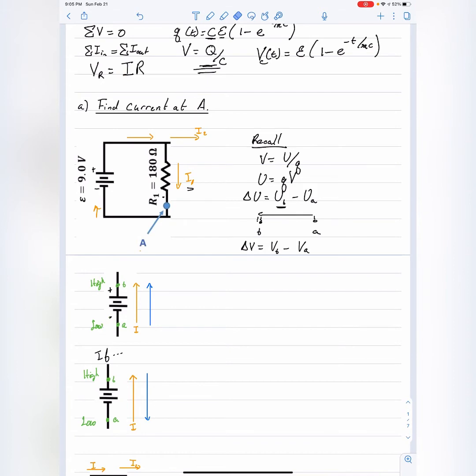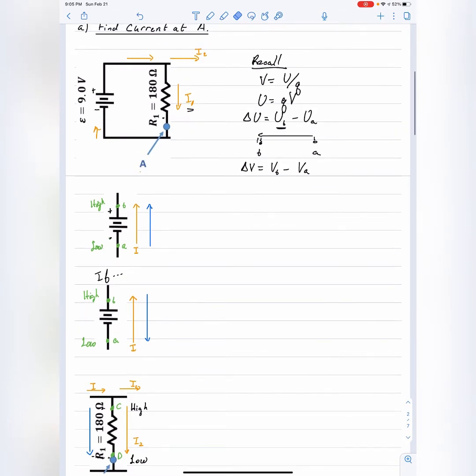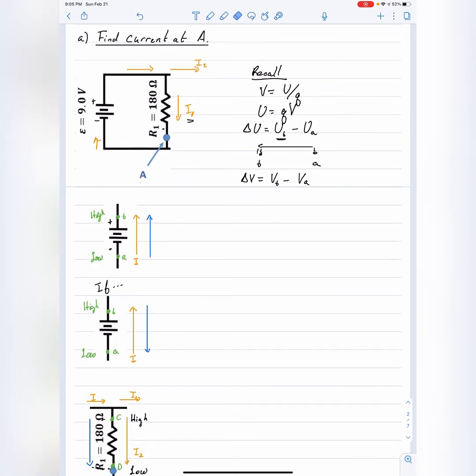So now let's look at the battery, the first one. It's asking us, if we're going to do Kirchhoff's rule, is it going to be positive? Is it going to be negative? How do we even identify the EMF on this? So EMF always goes from low to high. Meaning, we are starting from A, right? If we're following current, we're starting from A and going to B. It's going to be a high electric potential.